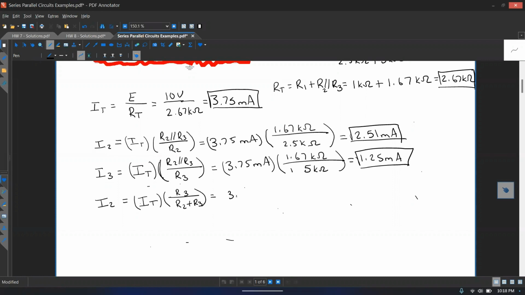And so you get 3.75 milliamps times R3, which is 5 kilohms, divided by 2.5 kilohms plus 5 kilohms.